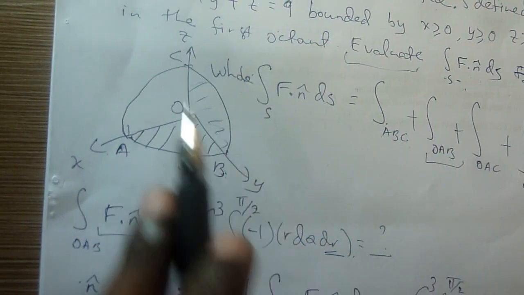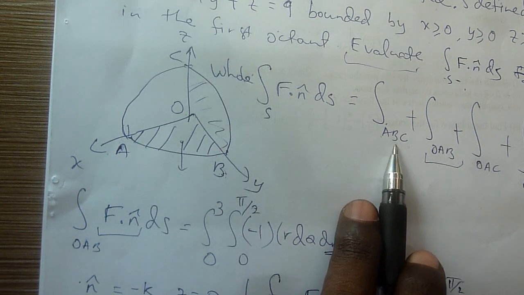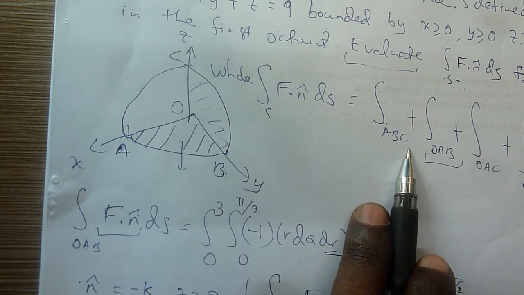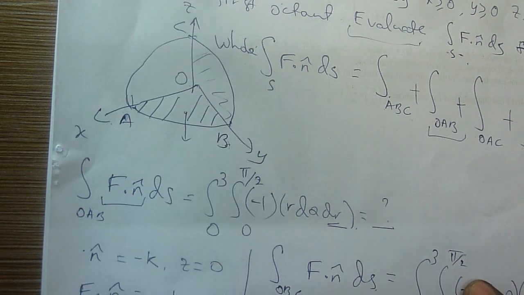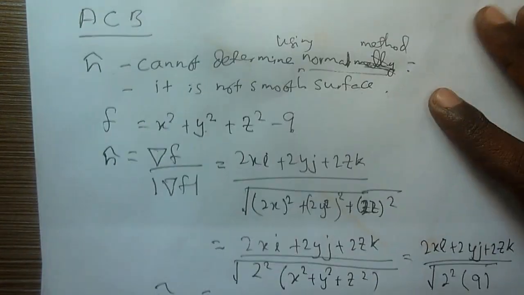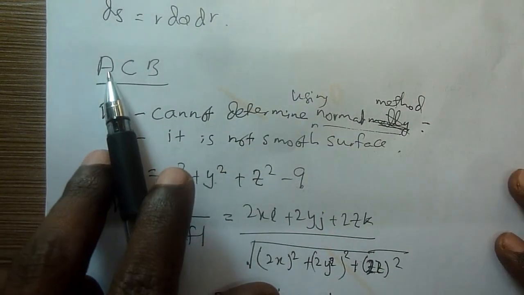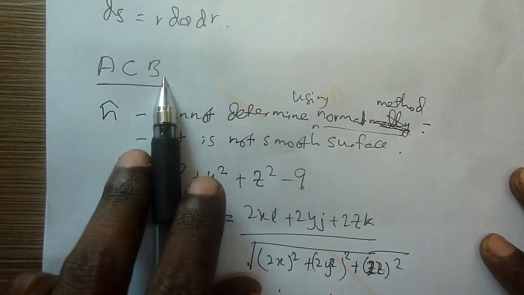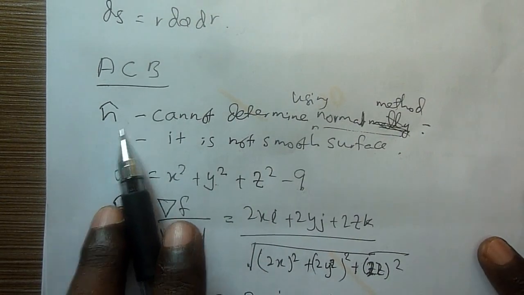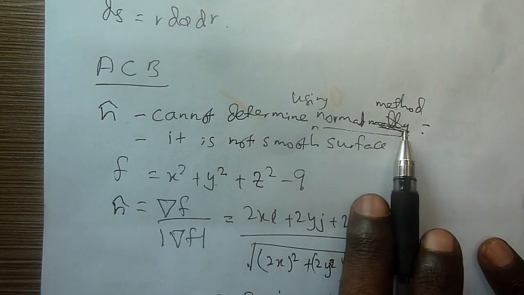But the problem with this surface, especially ABC, is that it is not a smooth surface, and I started with this. Now it's a continuation, a very quick revision, and I did mention that ABC cannot be determined using the normal method.